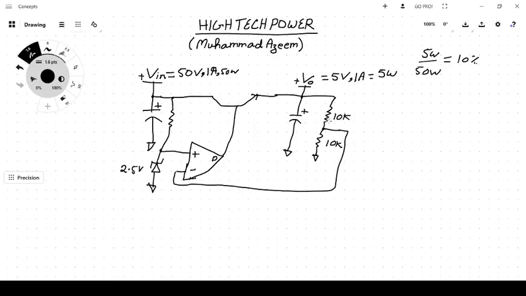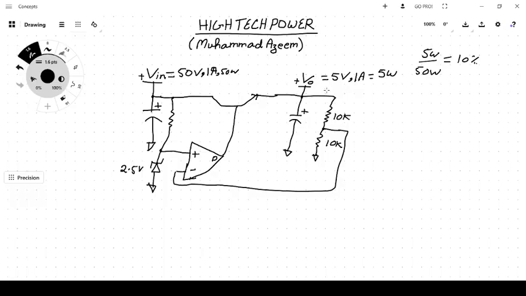Suppose that the output voltage is fixed at 5 volt, then the middle point would be at 2.5 volt, and that 2.5 volt goes to the negative input, and the positive input is also at 2.5 volt, so there would be no output change, and whatever voltage drop was across the collector to emitter will remain the same, and we will get the 5 volt.